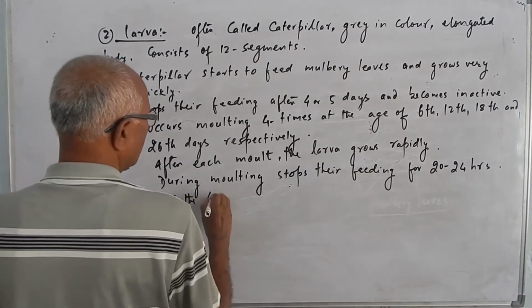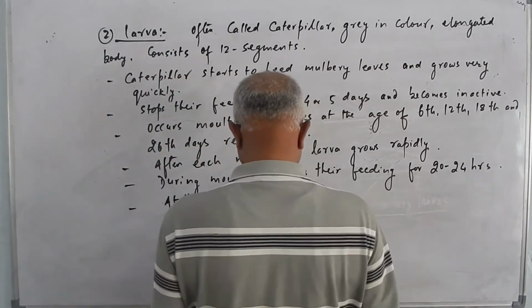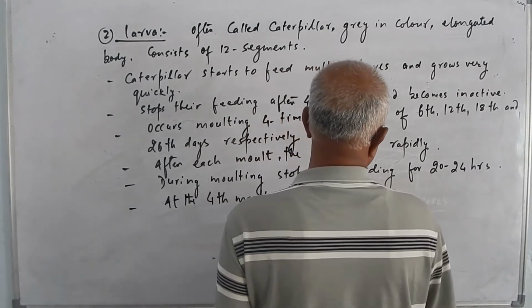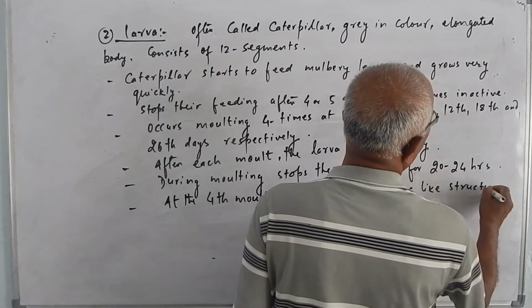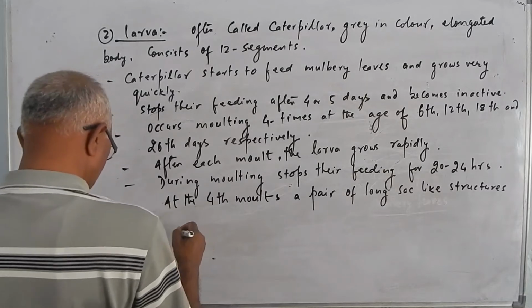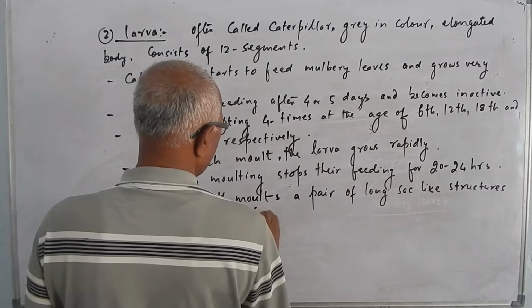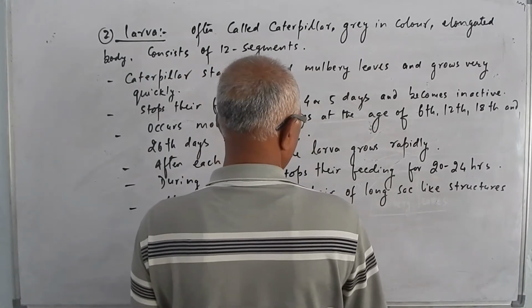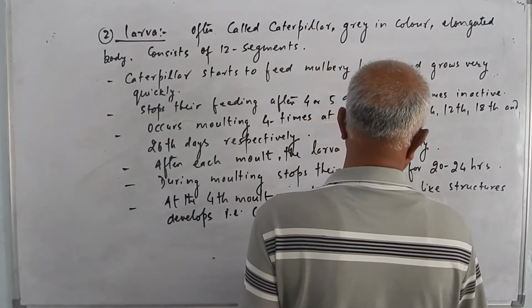At the fourth molt, a pair of long sac-like structures develops, that is called silk glands, on the lateral side of the body.